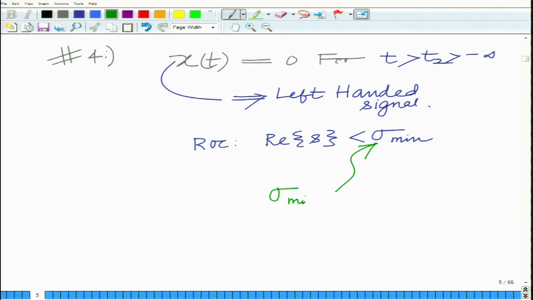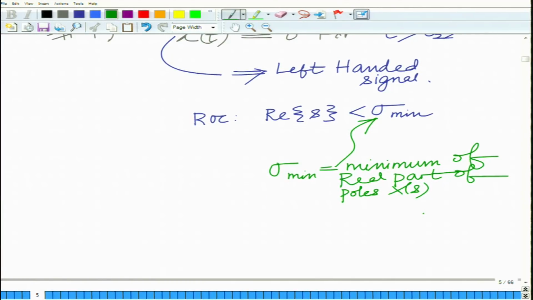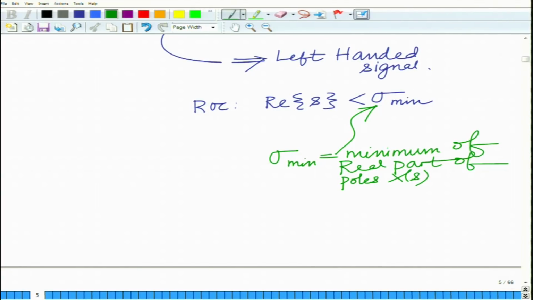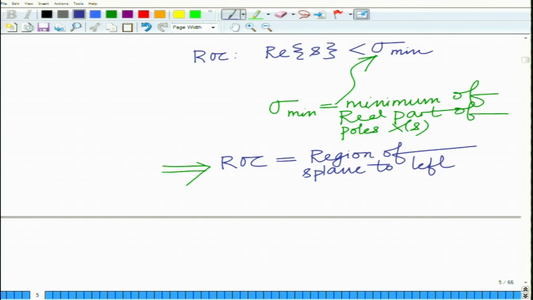Sigma min equals the minimum of the real part of the poles of X of s, and this implies the ROC equals the region of the S plane to the left of the line real part of S equals sigma min.